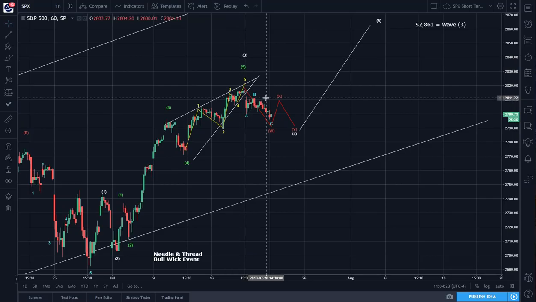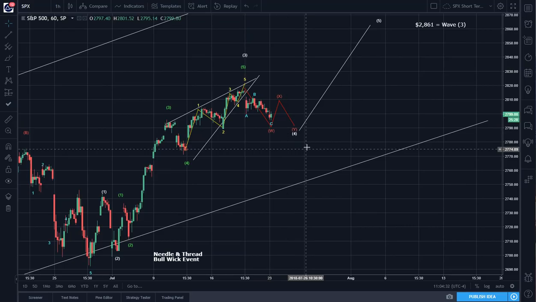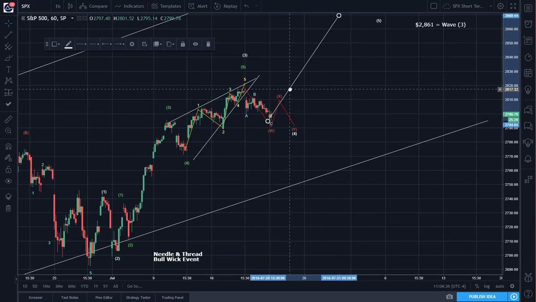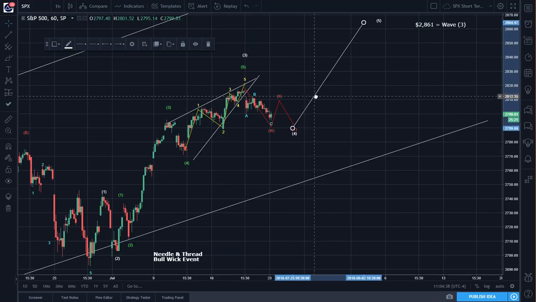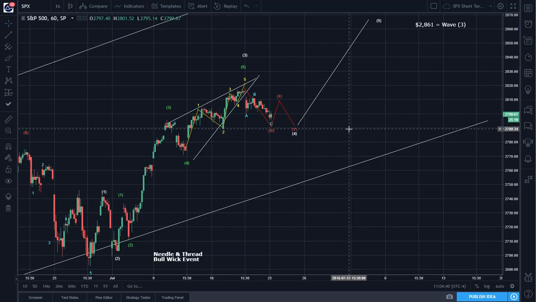And then I had labeled an ABC, which I think is pretty much done. But if this is the end of the correction, I'd be a little surprised. We can still see price climbing from here. Yes, that'll be a good alternate to have. But I believe this would be more fit to have a little more of a sideways corrective price action and call it a WXY.